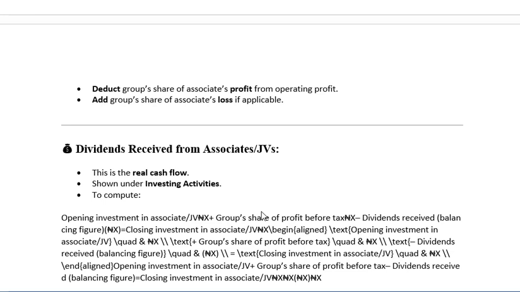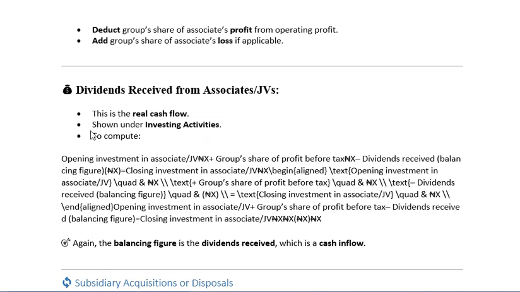If you have any group share of associate loss, you add that back, the opposite. Now, dividend received from associates is a real cash flow. It is under investing activities. Dividends are received from investment.